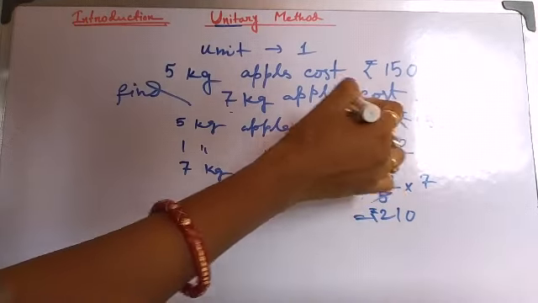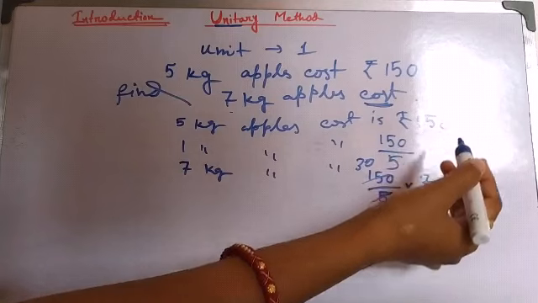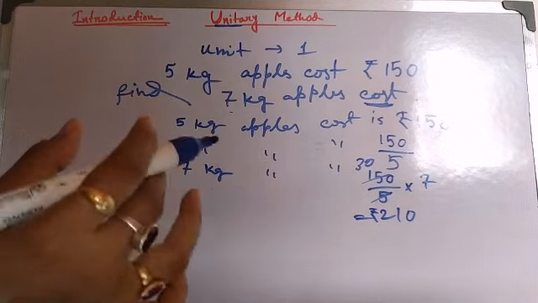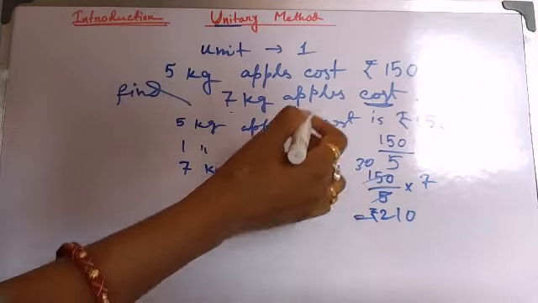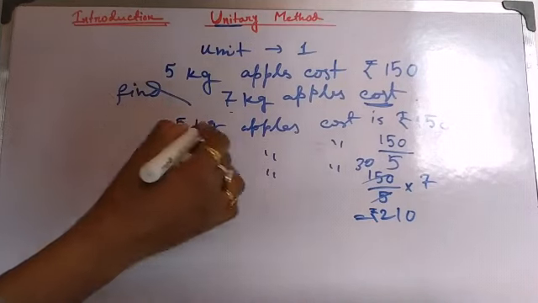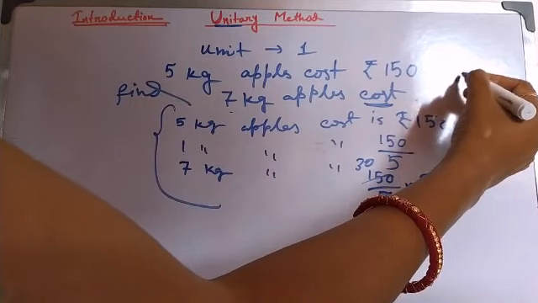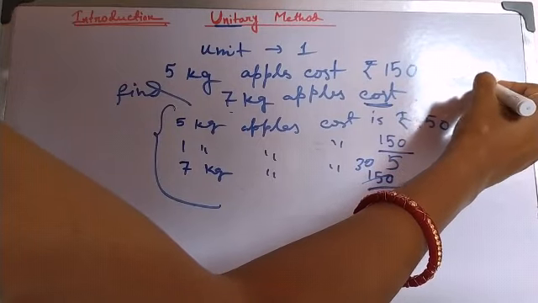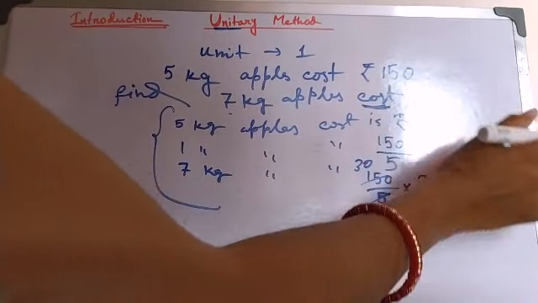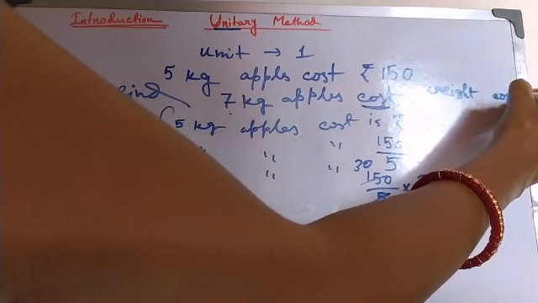So here what do we have to find out? That means we have to find out the cost. What is asked in the question will always be on the right side, each and every time. Before doing it, we can make a chart. The chart will have weight and cost.